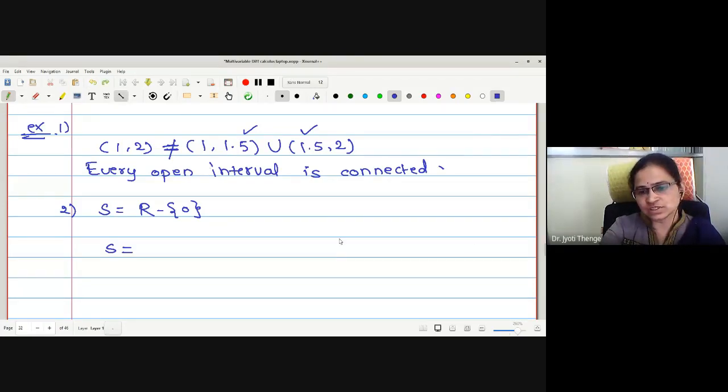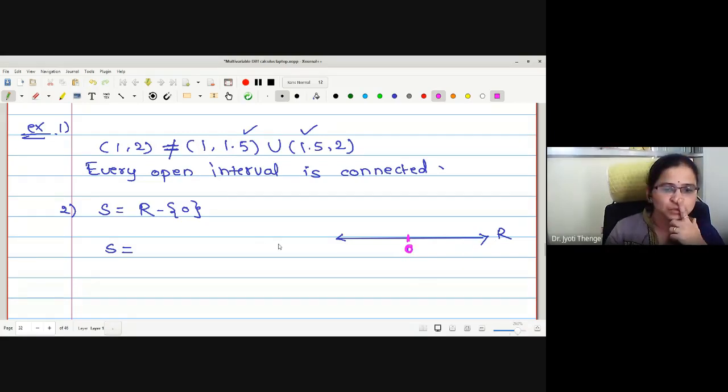All the remaining students, are you getting this point or not? The connectedness definition is easy. We are making it more difficult. This is 0. From this real line, we want to exclude the point 0. Therefore, how can I write this as a union of two different open sets? To the right of 0, what do we have?